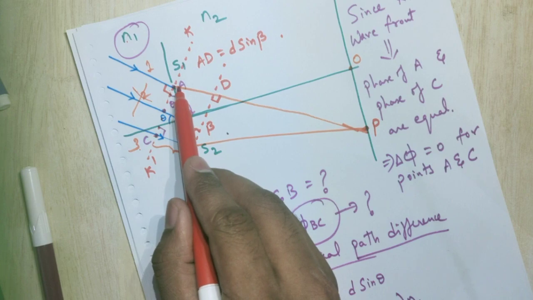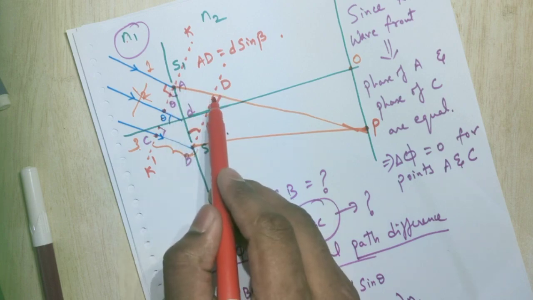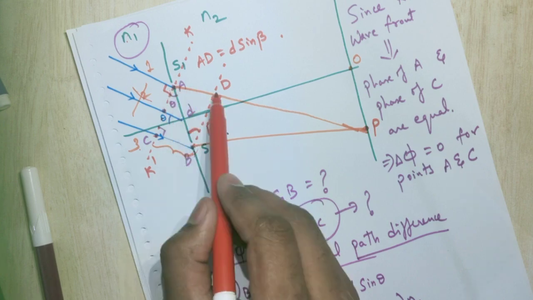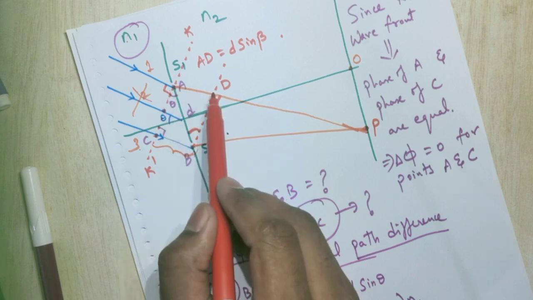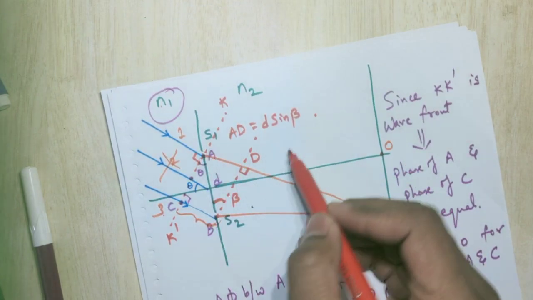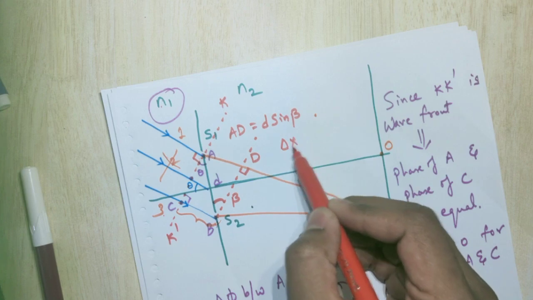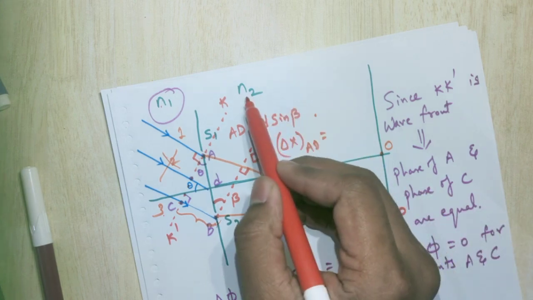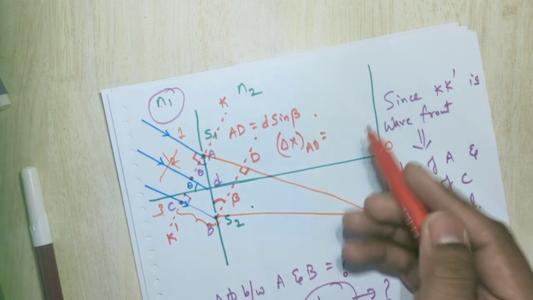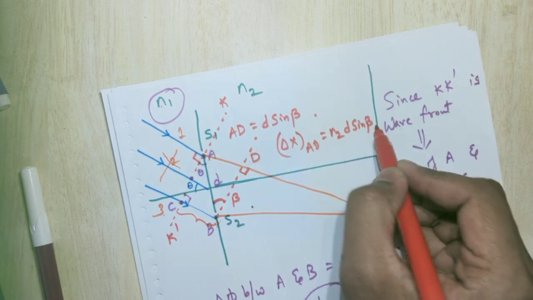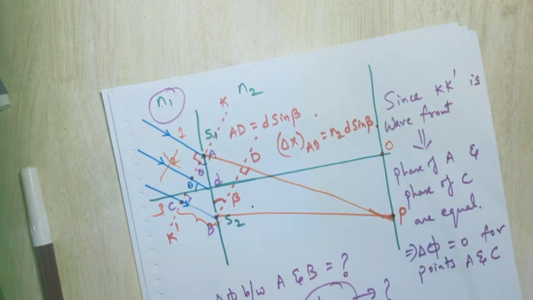Now this is the actual path difference, but I want the optical path difference. What will be the optical path difference for AD? The optical path difference will be equal to the actual path difference times the refractive index of that medium. So that will be n2 d sine beta. Are you able to understand?